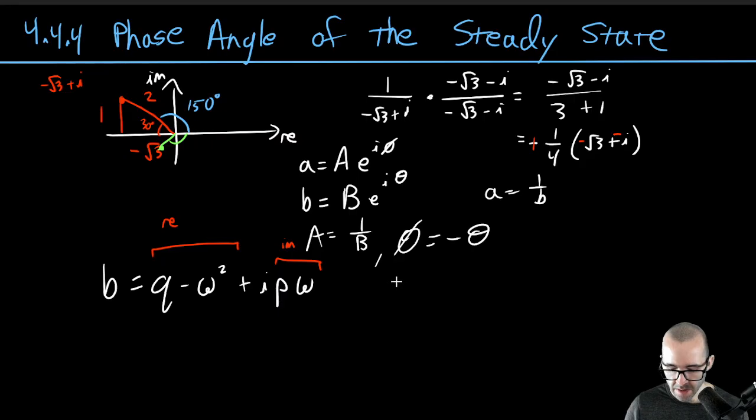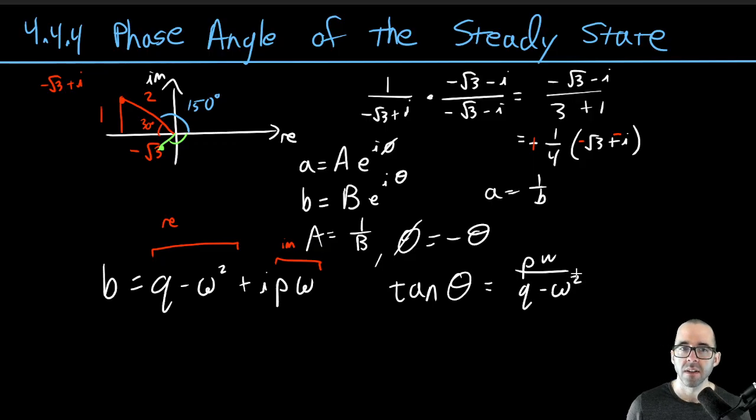So we know that the tangent of B's angle, which we'll call theta, is going to be the imaginary part over the real part. Right? Using the same logic that we had over here. Again, this is just the imaginary part, and that's just the real part, just opposite over adjacent.